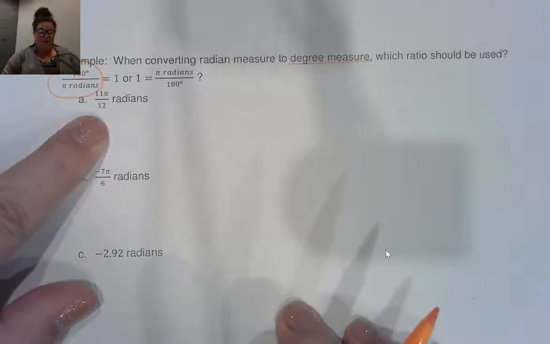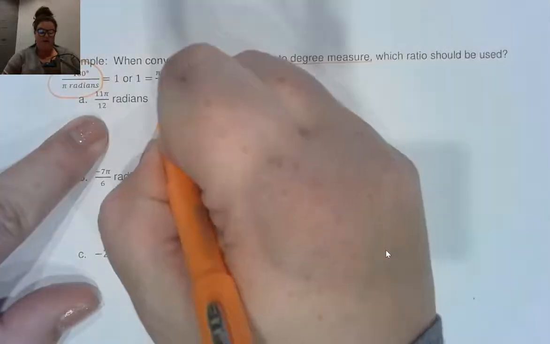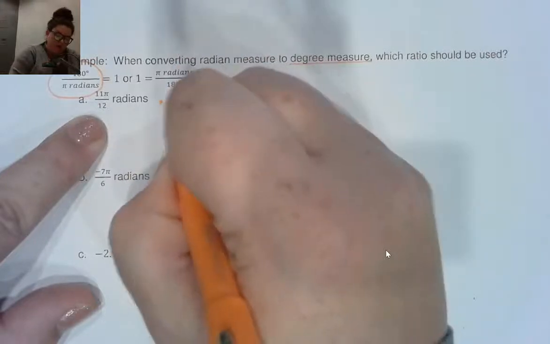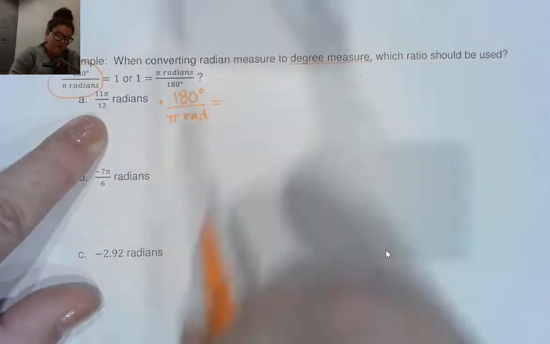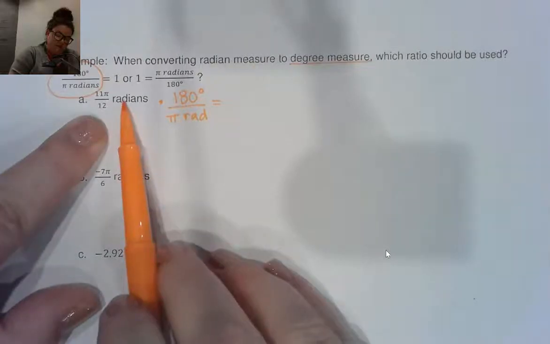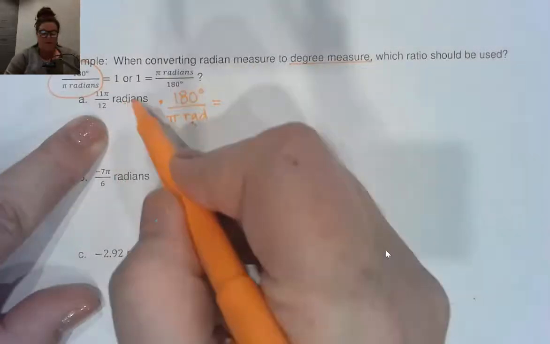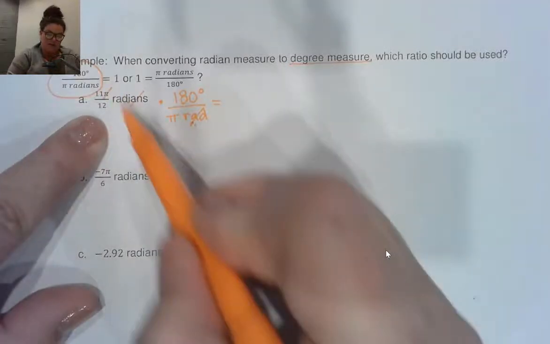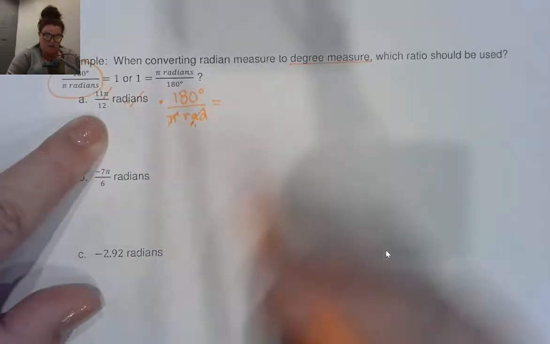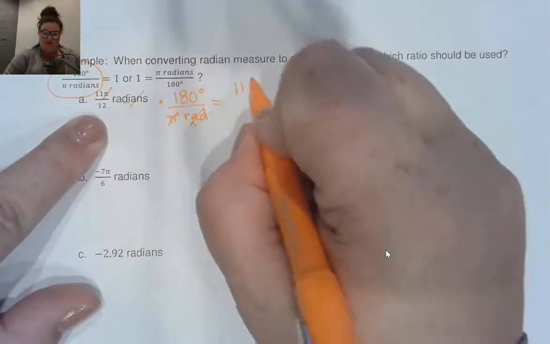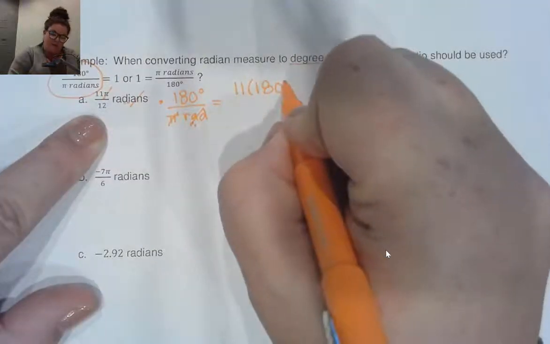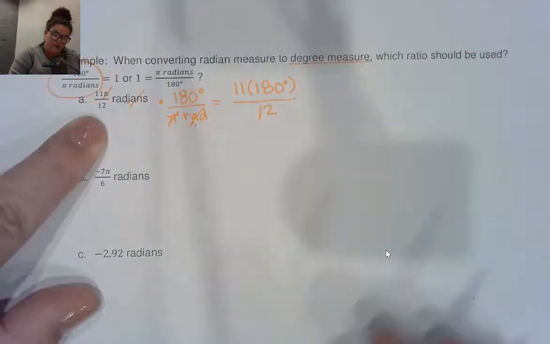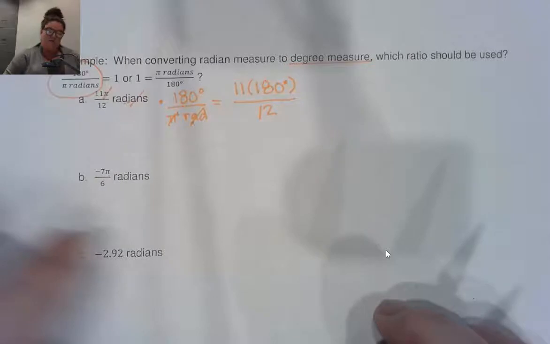So we're going from 11 pi radians over 12. We're going to multiply by 180 degrees over pi radians. And notice what happens is our radians are going to cancel, right? Radians cancel. And also our pi's are going to cancel, right? So when we multiply straight across, we're getting 11 times 180 degrees all over 12.